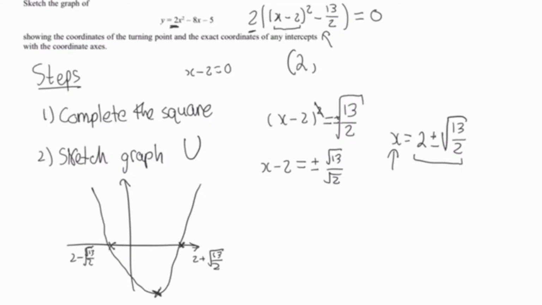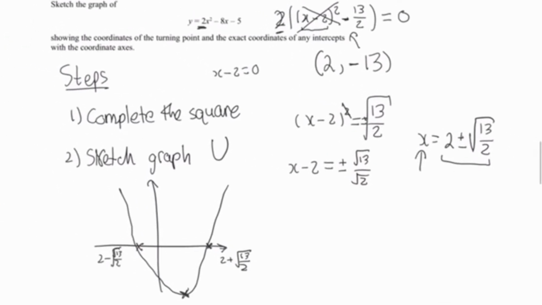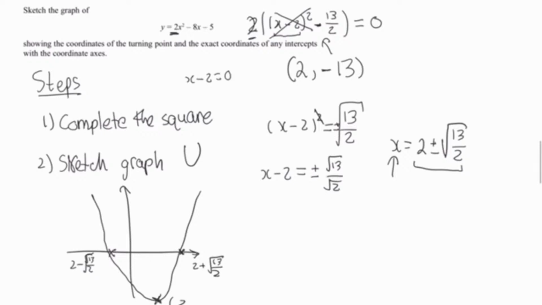So the x coordinate will be 2, and the y coordinate will be, if this is equal to 0, we see what we're left over with. So we have 2 times minus 13 over 2, which is just minus 13. So this will be the coordinates of our minimum point, and that will be our final answer.